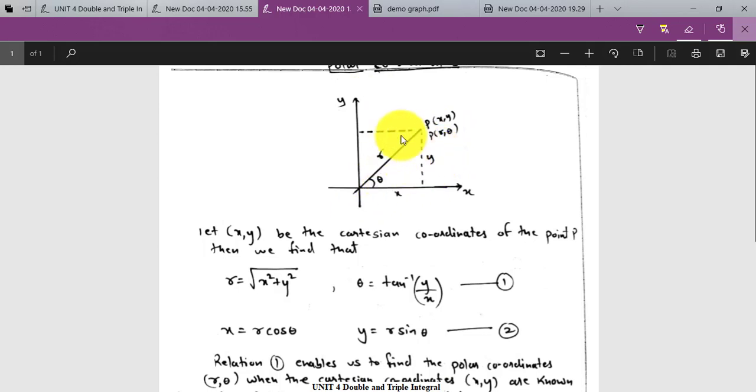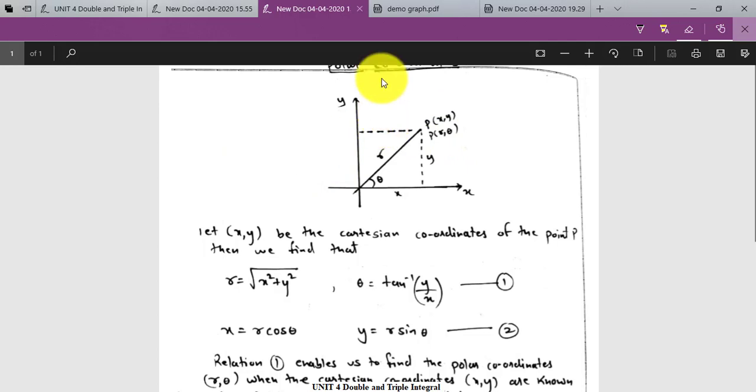In a Cartesian coordinate system, given a point P, it is at a distance x and y, so any point can be represented by x and y. Also, given a radial vector along with theta, the point will be represented by r and theta.